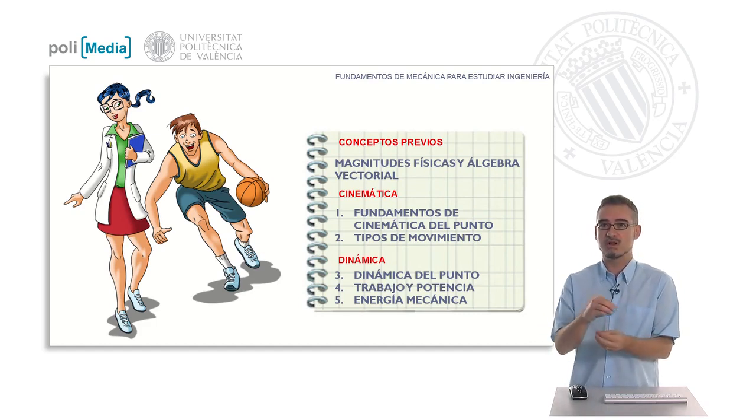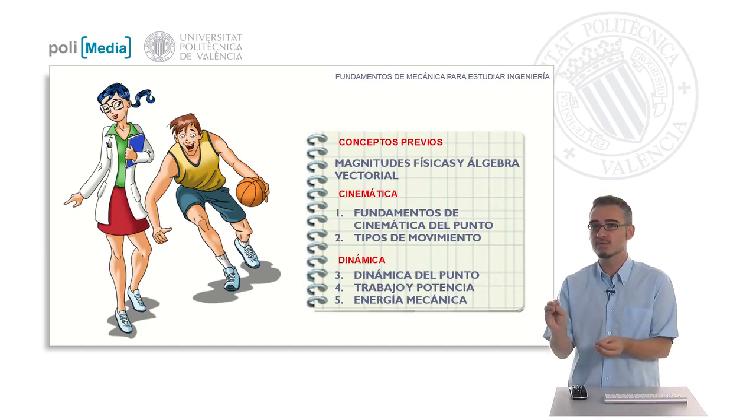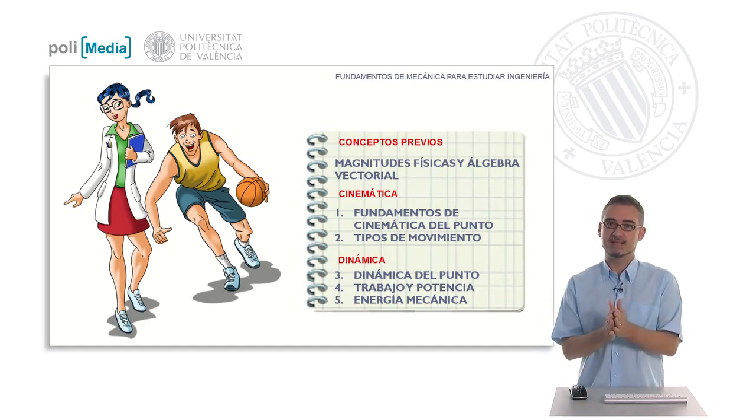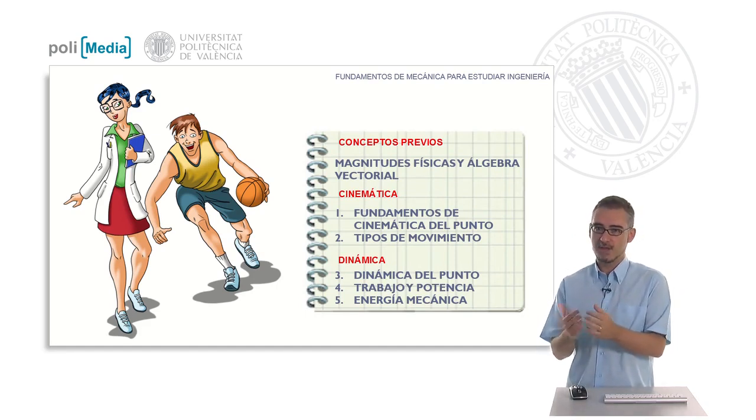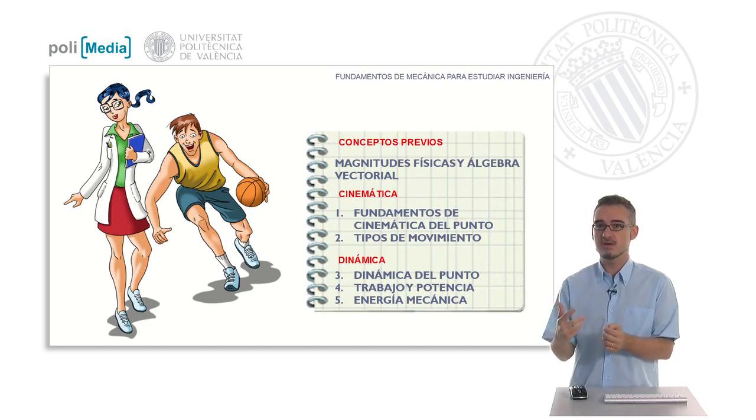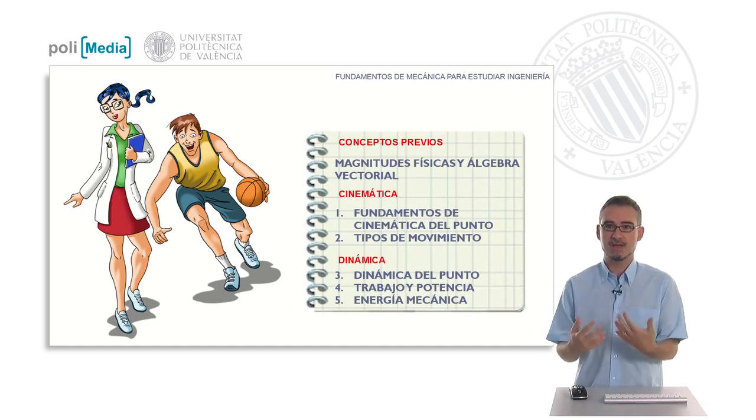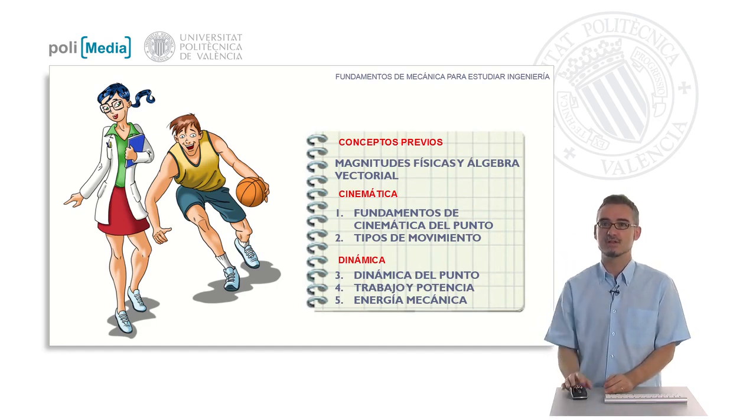First, we would explore point dynamics. And once we agree on that, we will introduce in lesson 4 the fundamental concepts of work and power that will then be applied in lesson 5 when we talk about dynamic energy and mechanical energy. That will close all this journey.